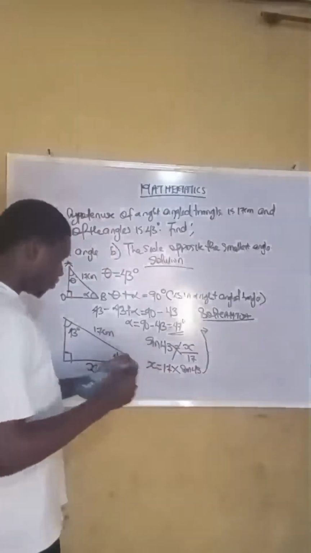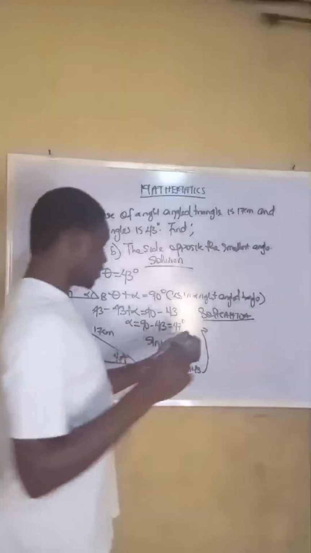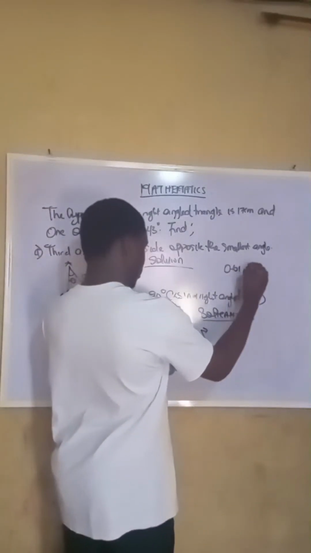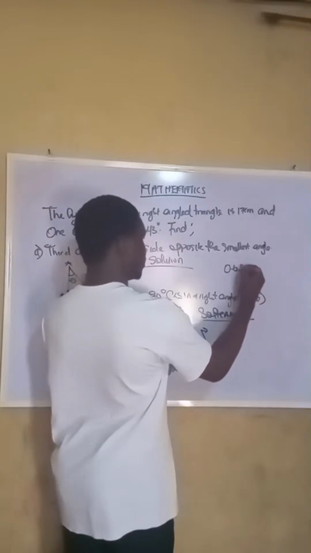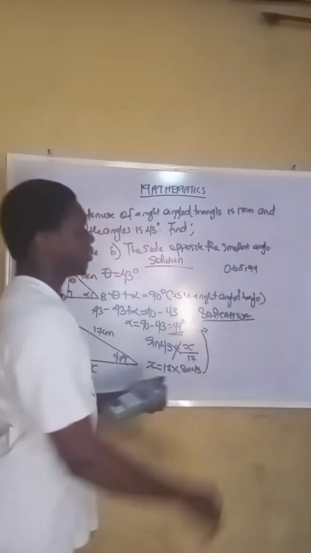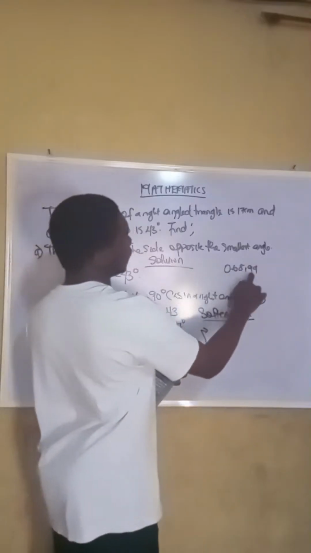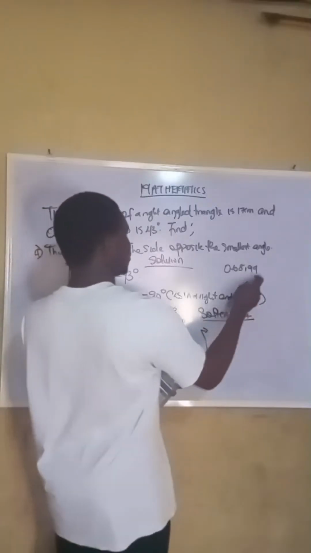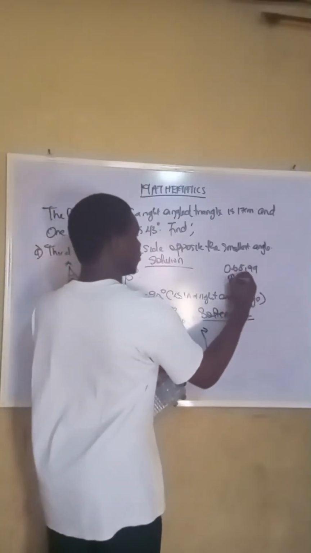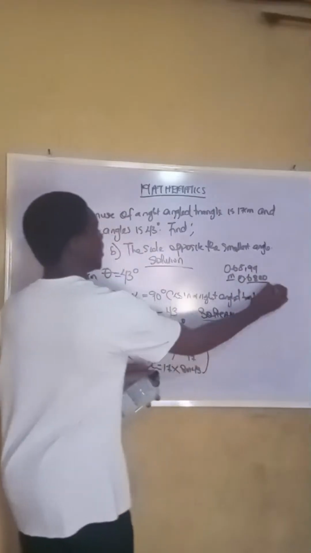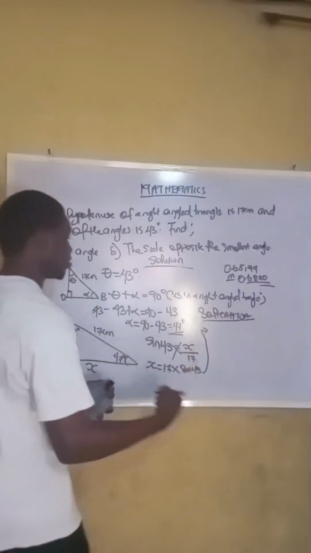Counting 1, 2, 3, 4, the next digit is more than 5, so we add 1 to the previous one. This will approximately be 0.6820, so that's what I'm going to be using.